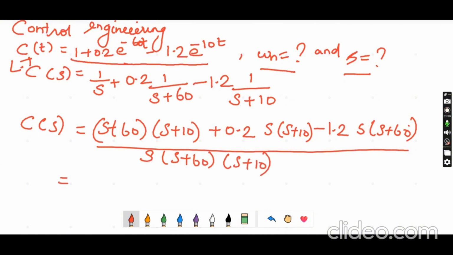Upon solving this, finally we will arrive at an answer of 600 by s into (s plus 60) multiplied by (s plus 10). You can also check by yourself. Other terms will get cancelled out. Only this constant term 600 will be available at the end.